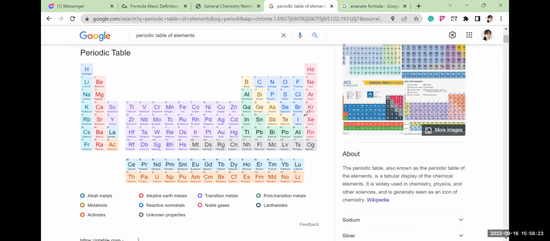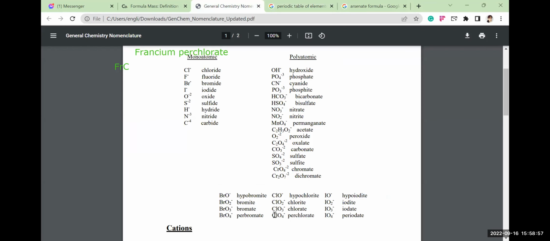How will you write that down as a chemical formula? FrCIO4. Is it I? Yes. Are you sure it's I?